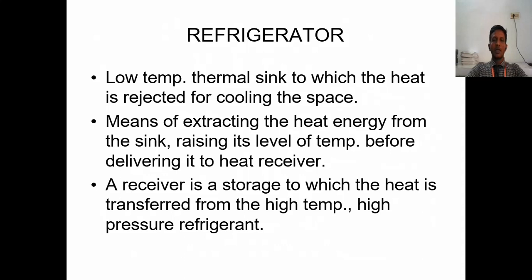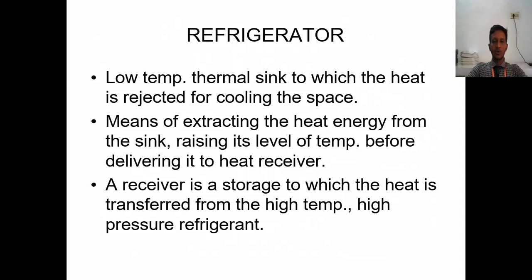I mean, the amount of heat rejected from the refrigeration system or space is done at the evaporator side. It means extracting the heat energy from the sink, raising its level of temperature before it is delivered to the heat receivers. I mean the surrounding side.